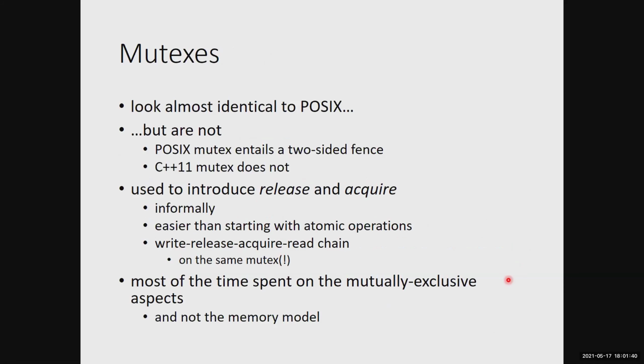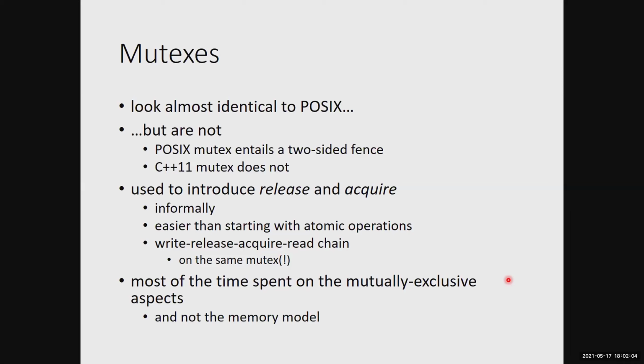So then we go on to talk about mutexes, which look almost identical to POSIX, but they are not, because with POSIX mutexes, you get a two-sided fence. With C++ mutexes, you don't. There are release and acquire operations, so they are just one-sided. We introduce the release and acquire semantics to the students quite informally.